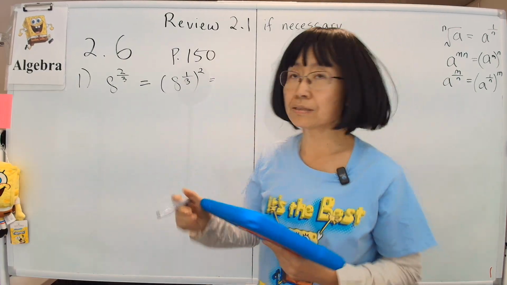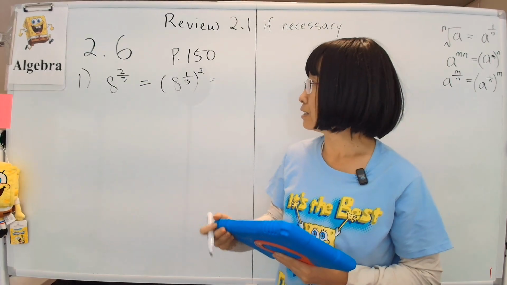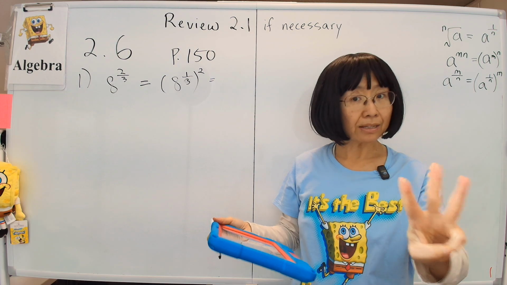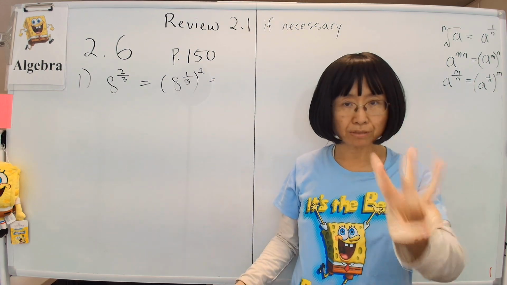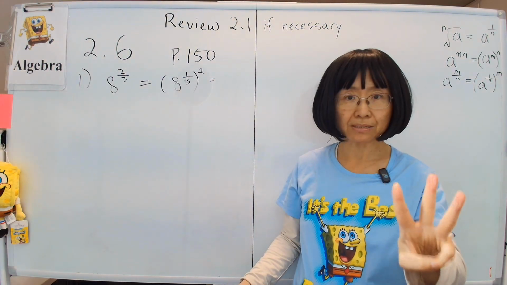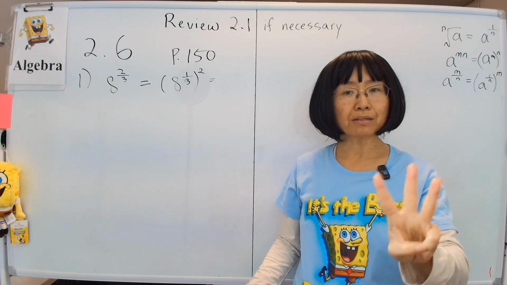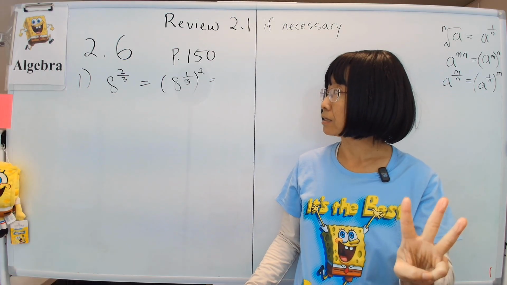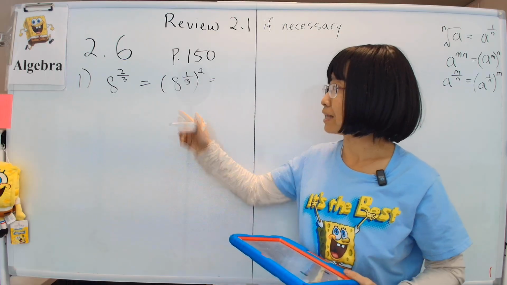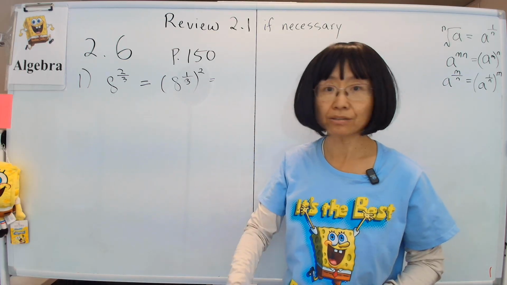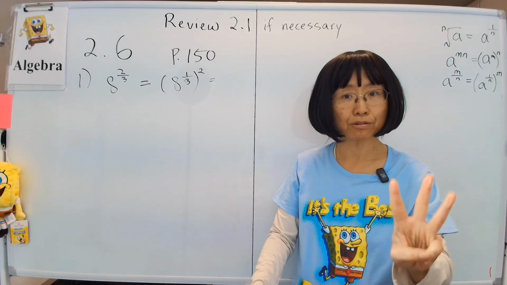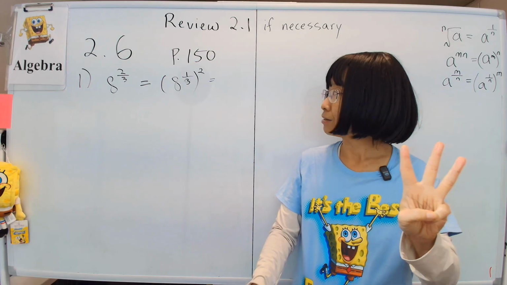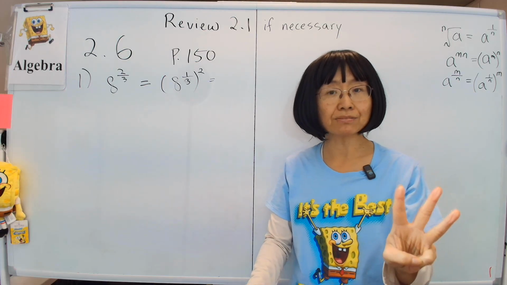Now, what is the 1/3 root of 8? That means you have to not divide 8, but think about 3 numbers. Okay, that's what the third means. 3 numbers that when you multiply them together, they have to equal 8. And it's very easy to forget that fact and think that you're doing division. You are not. You're taking the cube root. So 3 numbers, what 3 numbers multiplied together equal 8?